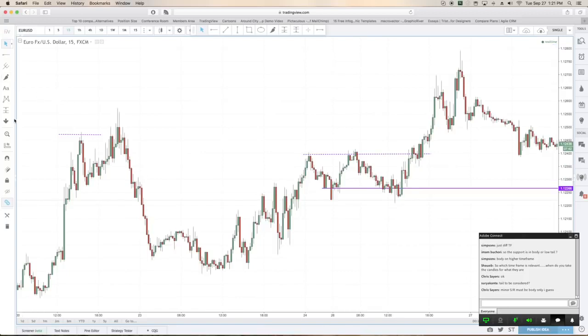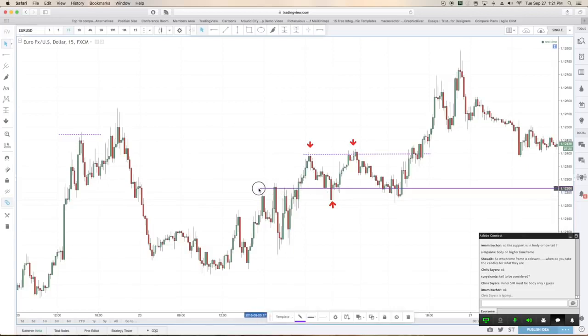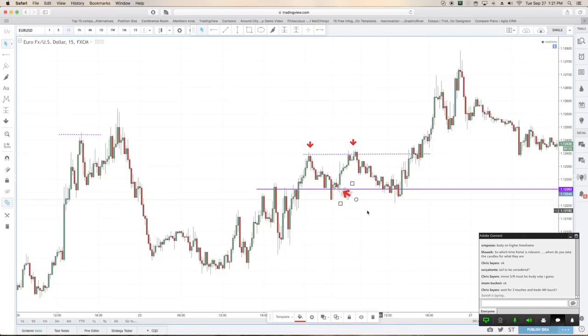Now, at what point do I start thinking that this could be a range? When I have this, when I have that, when I have this. At that point I start thinking, okay, we've got no higher highs, no lower lows, and for some reason this price keeps respecting this resistance again and again, because it moved away from this resistance.